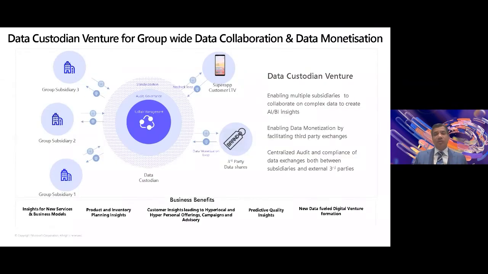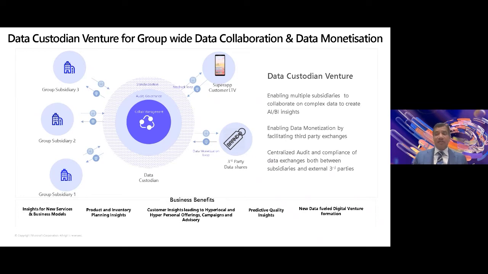So what would those components look like, and what would be the shape of what that architecture at a very high level look like, right? On this chart here, we're trying to go through what that ought to be. So if the data custodian at the center needs to take care of collaboration management, audit and governance, and the standardization of how that information is going to be brought into the system.